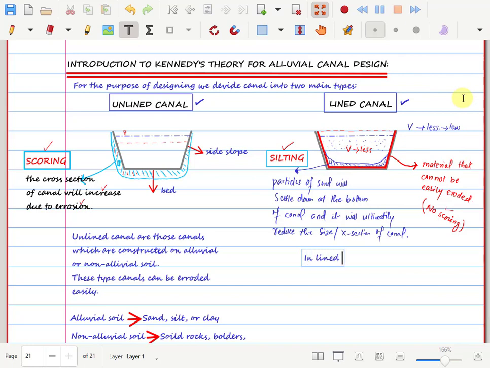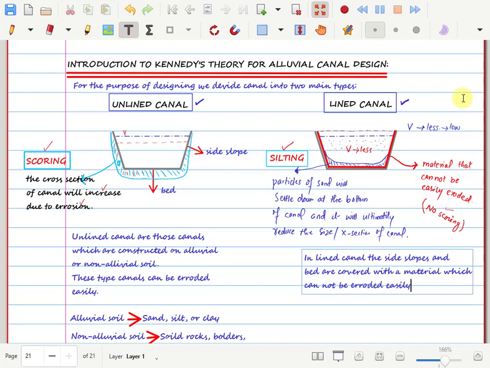In lined canal, the side slope and bed are covered with a material which cannot be eroded easily, right?